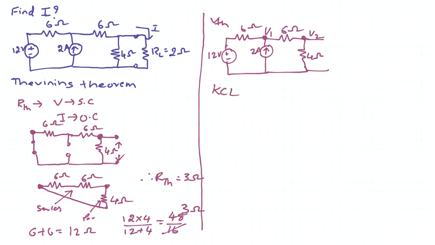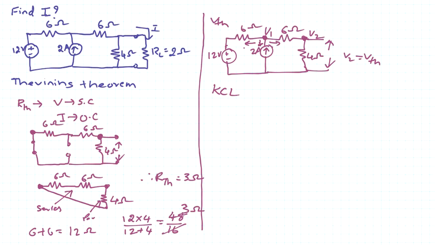So now I am going to find out V2, that is V2 is nothing but V Thevenin, because here we have to find the voltage at this point. So V2 is nothing but V Thevenin. So I am applying a law called KCL, that is the sum of all the currents leaving the junction is 0. Suppose here if I consider I1, I2, I3, all the currents sum to 0.